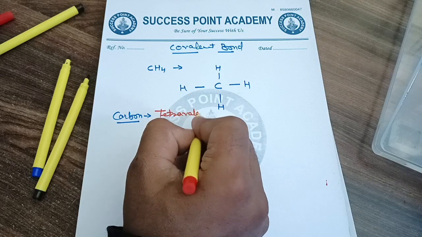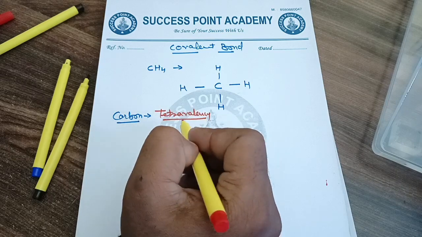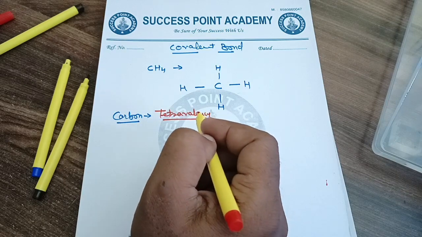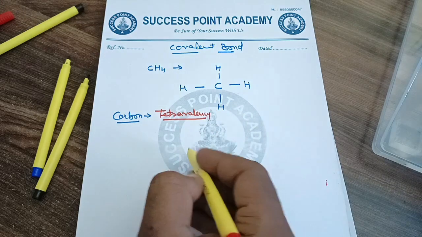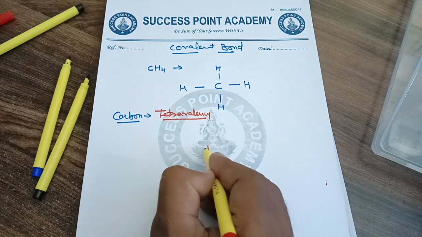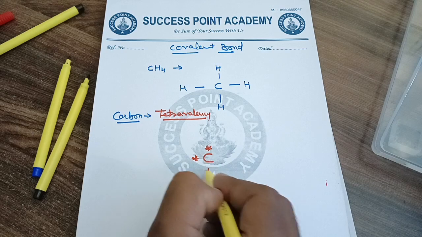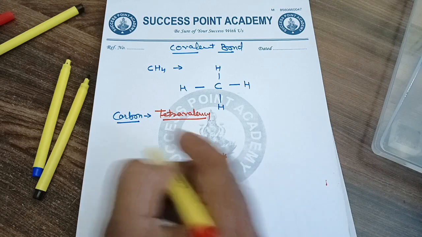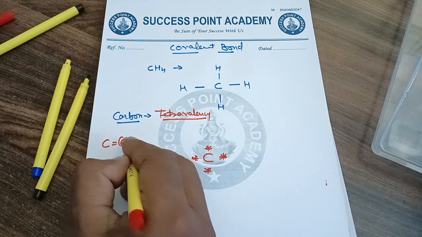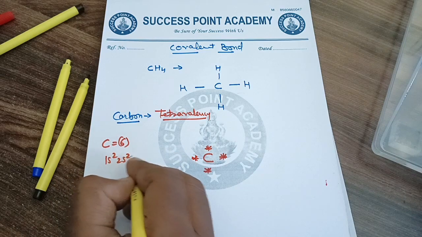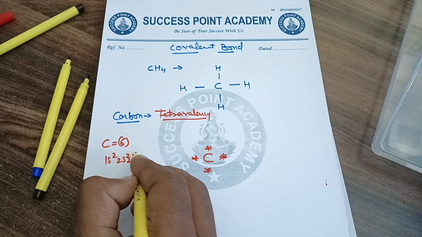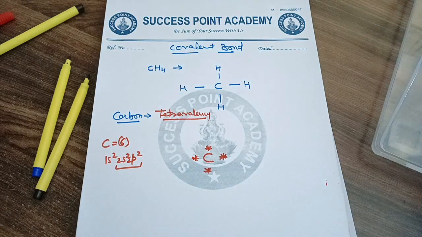Its valency is 4. So it requires 4 more electrons. How does it fulfill its octet? The atomic number of carbon is 6. It is 1s2, 2s2, 2p2. So in its outermost shell there are 4 electrons, but to become stable it requires 4 more electrons to fulfill its octet.